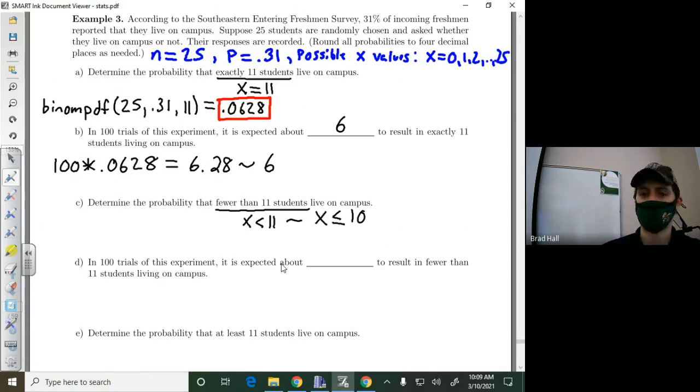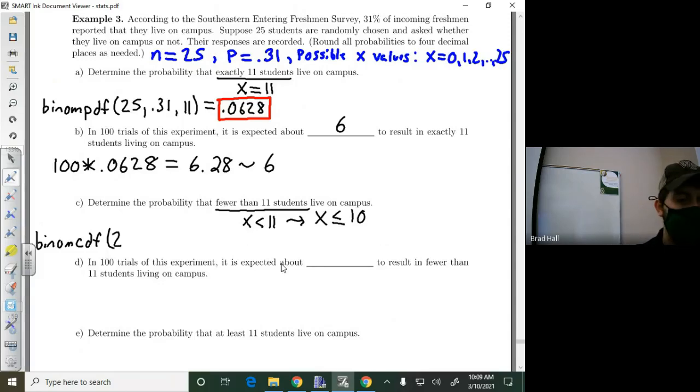So now that slight change in interpretation means that we can now use the binomial CDF function. Because now we have the less than or equal to part with the 25, the 0.31, and now 10. Not 11, but 10.